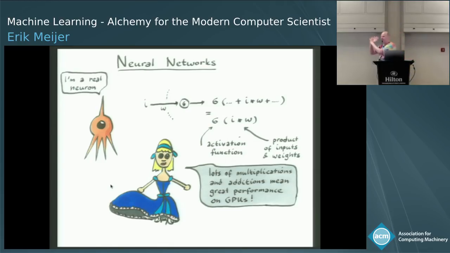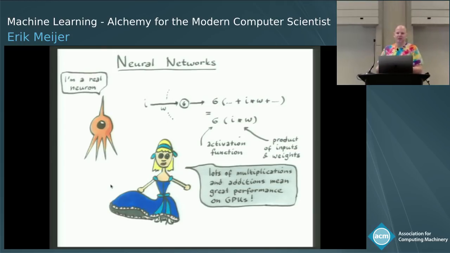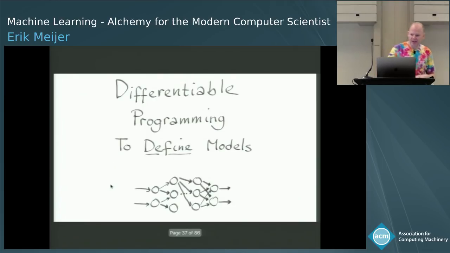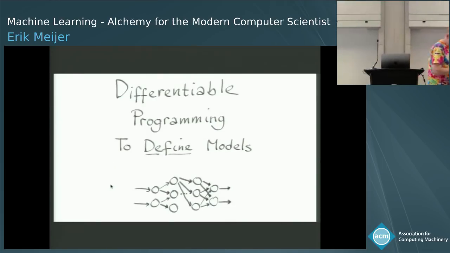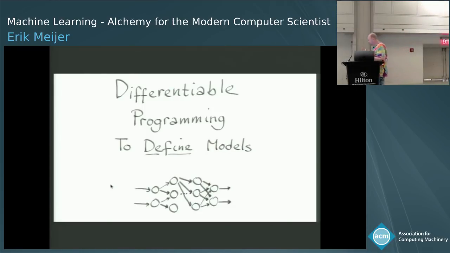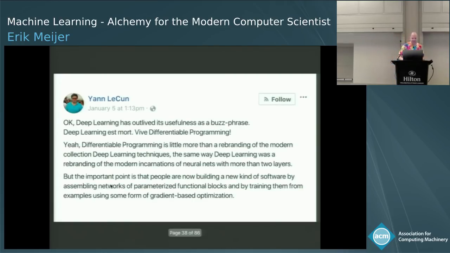So I think that's the whole reason why people use these functions to define neural nets, because you can efficiently compute that. All right. So differentiable programming is programming with composition of differentiable functions to define models.